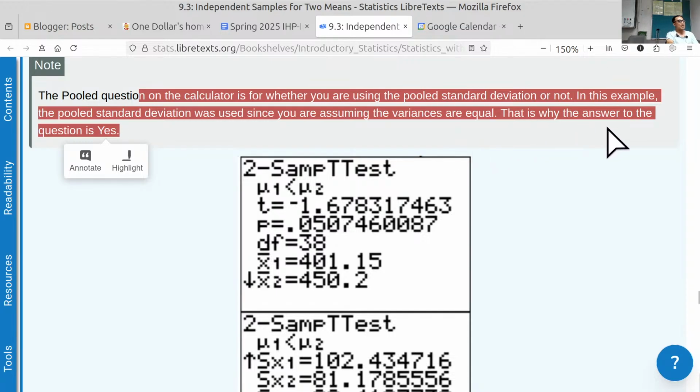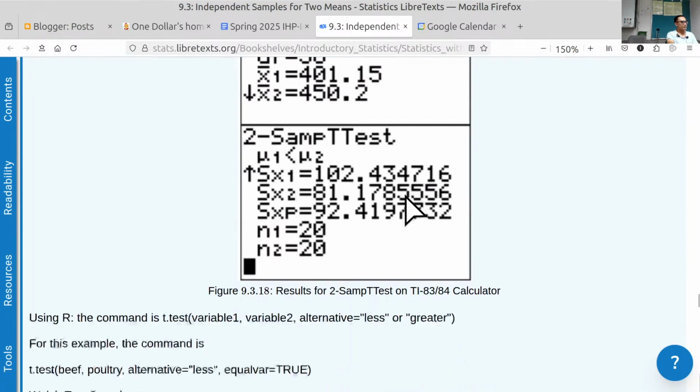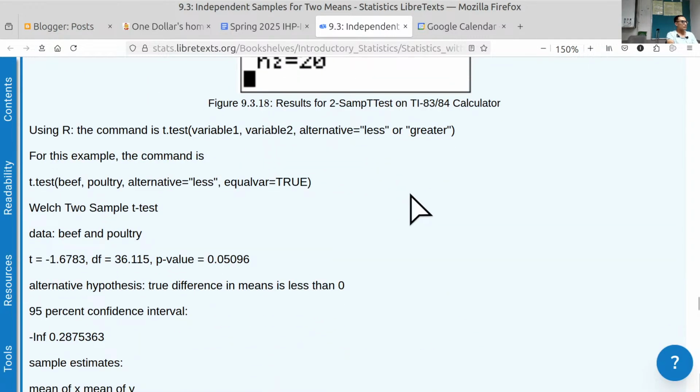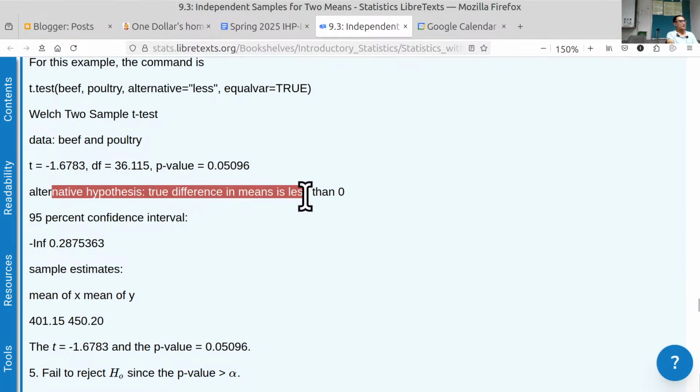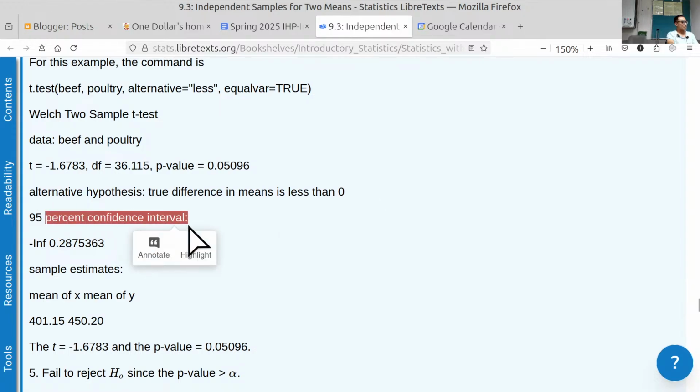That is why the answer to the question is yes. Then use R, and in the end, the p-value is 0.5096. The alternative hypothesis is that the true difference in means is less than 0, and the 95% interval looks like this.